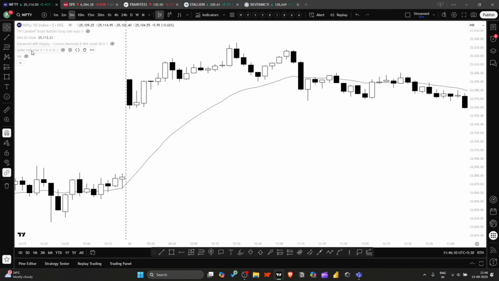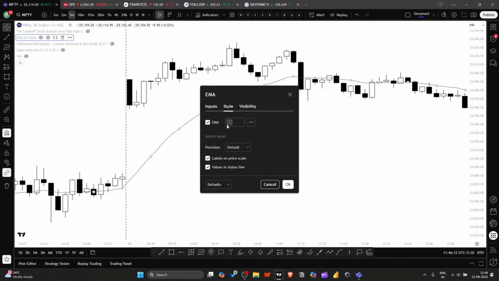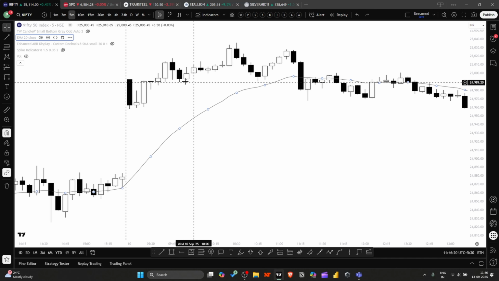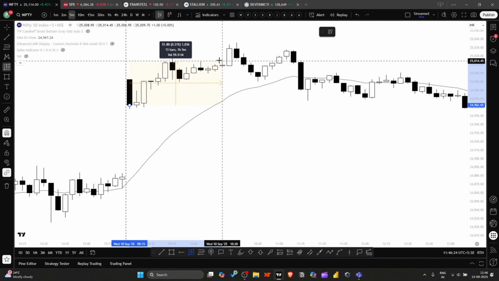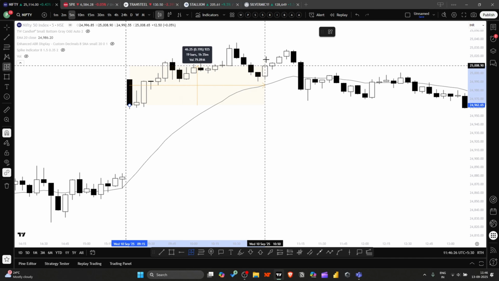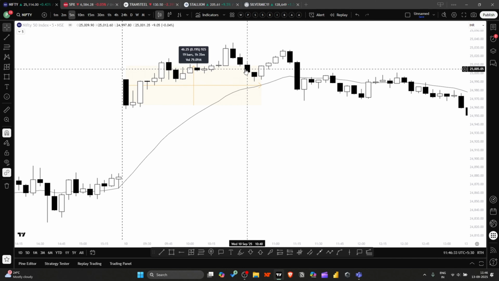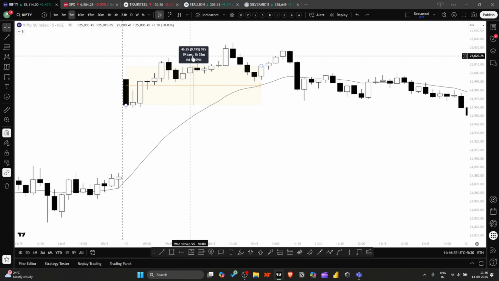It can take multiple values. If I open that indicator, it's asking the length. Here I have given it as 20. What does that mean? Let's say from here to here there are 19 bars.